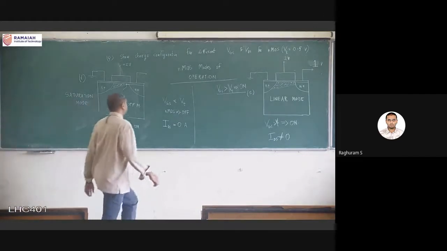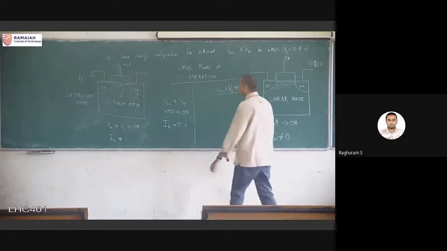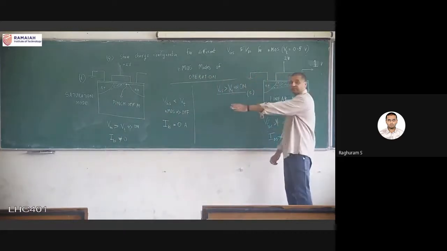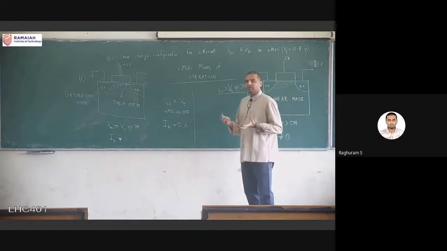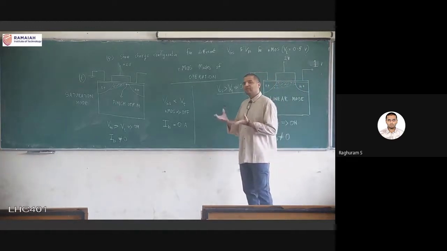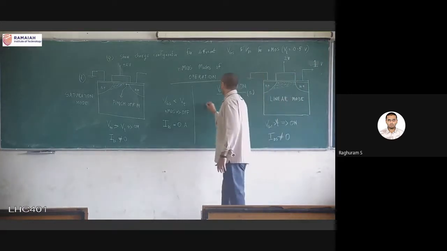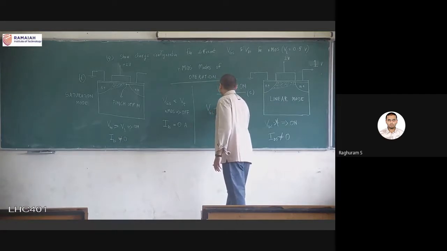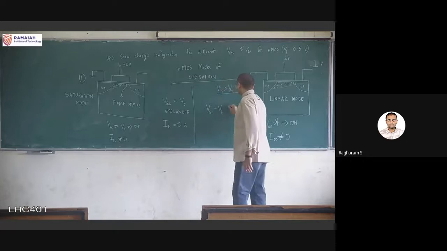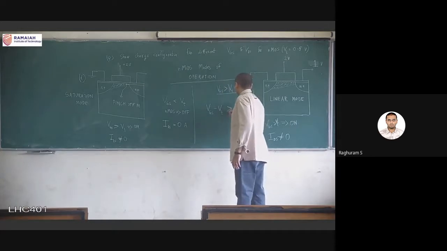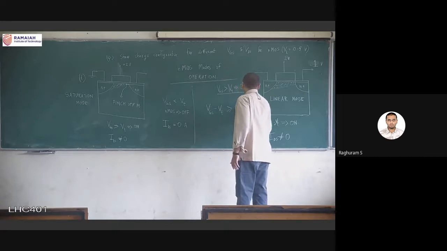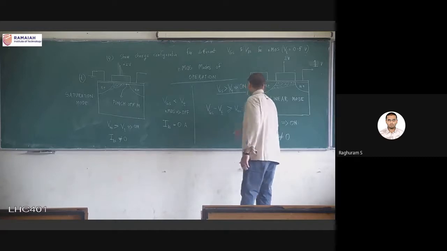Remember always, when the drain voltage is lesser, it is in linear mode. So how does that come in the condition? VGS minus VT is greater than or equal to VDS. This is the linear region of operation.